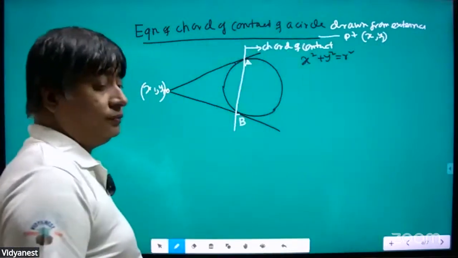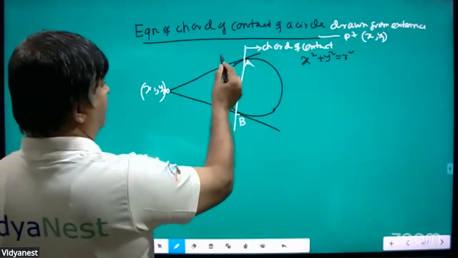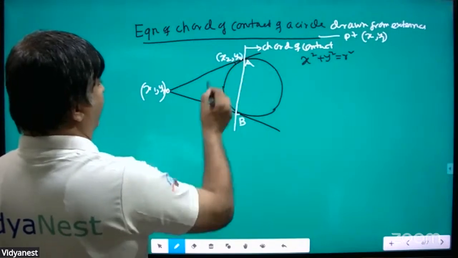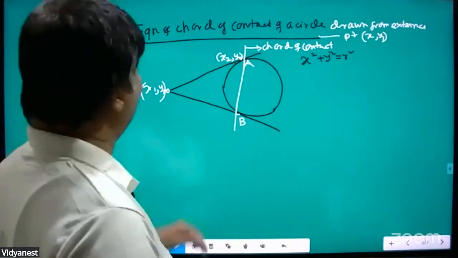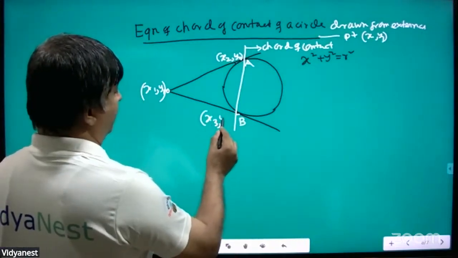How to draw? See, let this point be x2, y2, and this point be x3, y3.